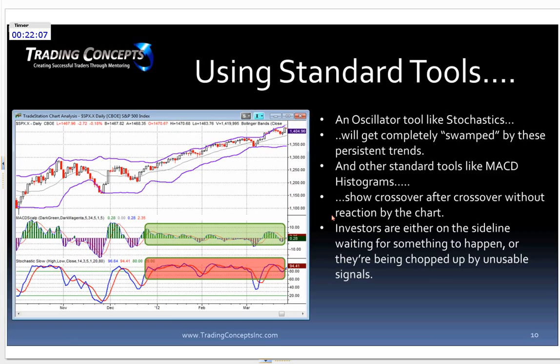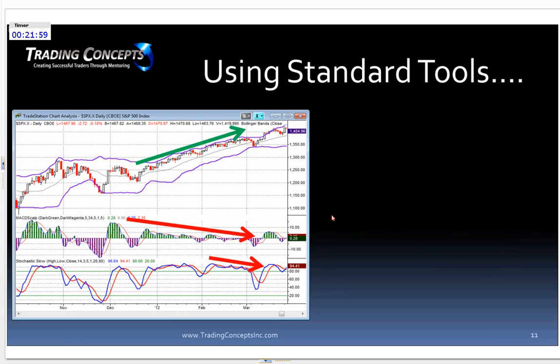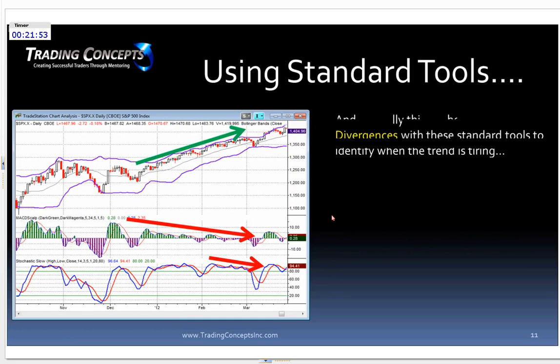It just doesn't matter anymore. So investors are either on the sideline waiting for something to happen, or they're being chopped up to death by these unusable signals.